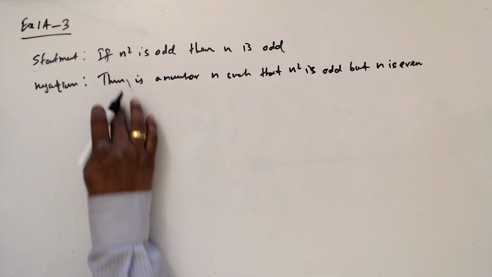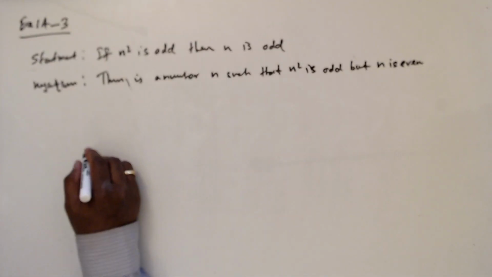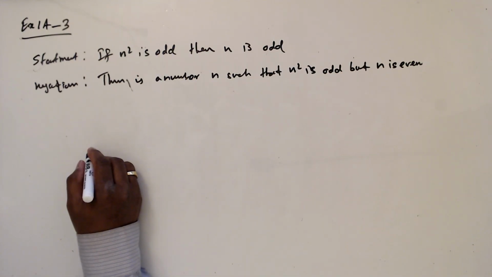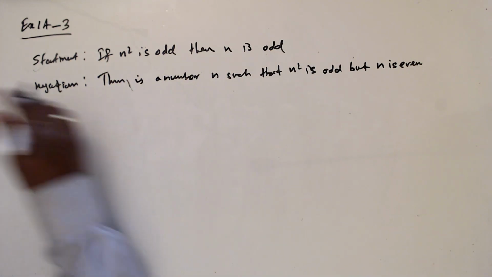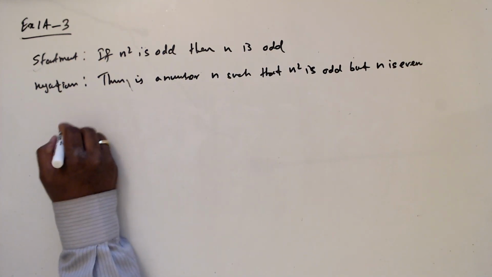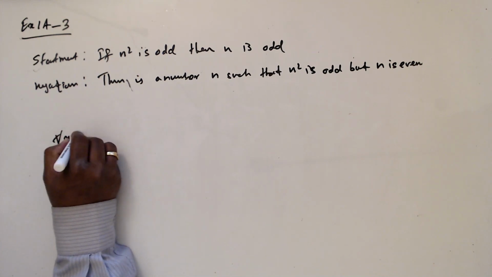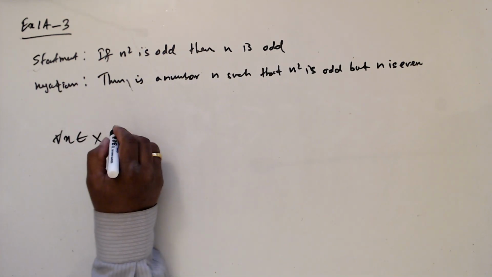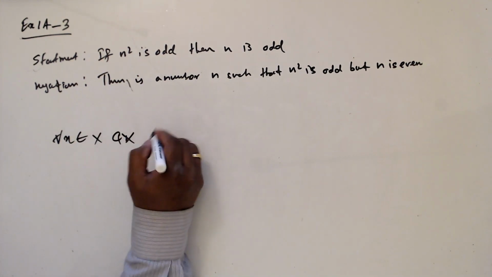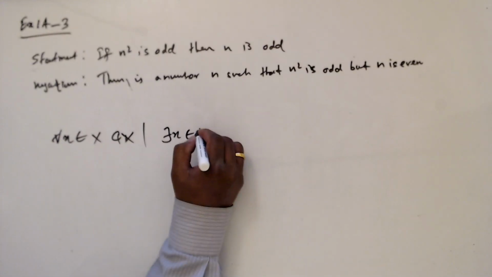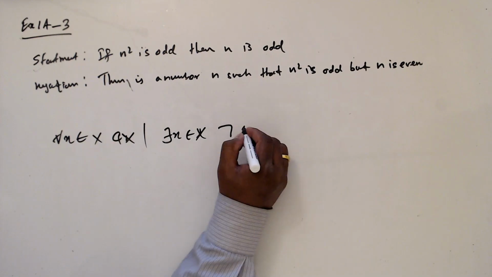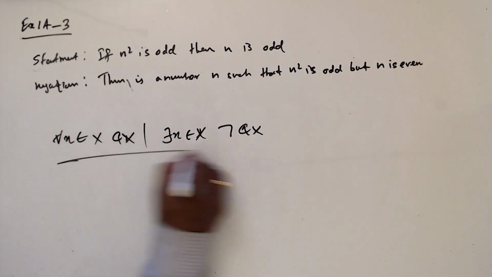Actually, there are a few rules of writing negations. For example, if you have for all x in X, Q(x), then the negation will be there is x in X that is not Q(x), something like that.